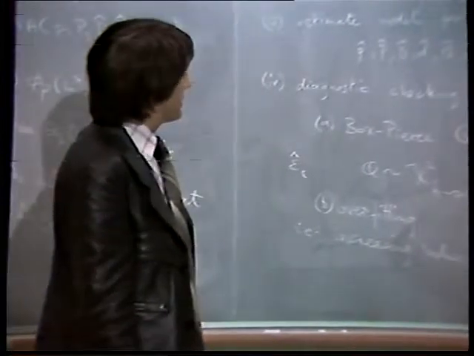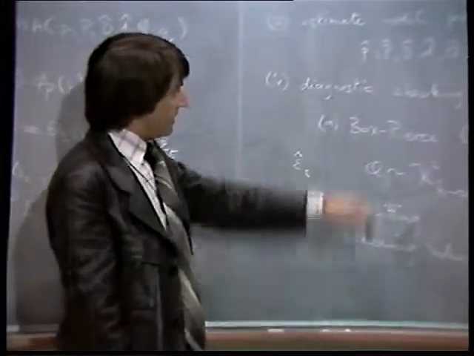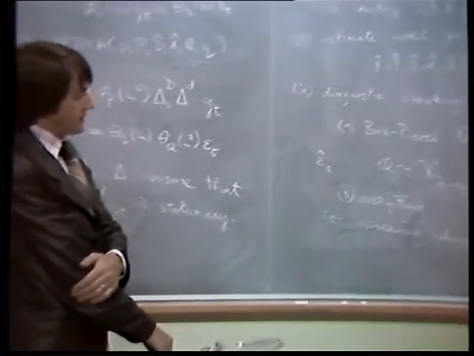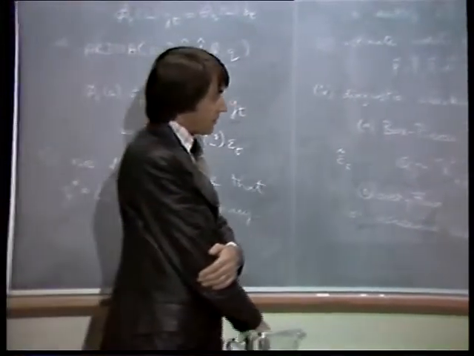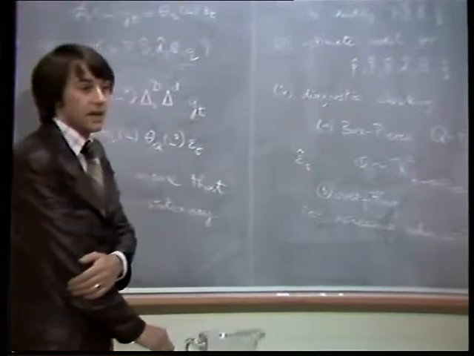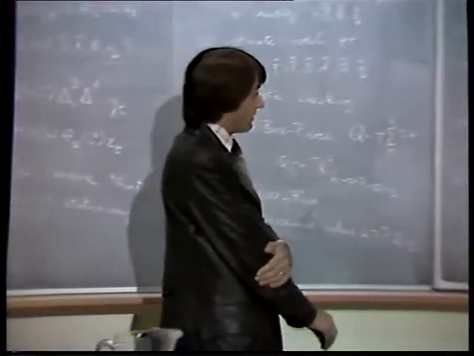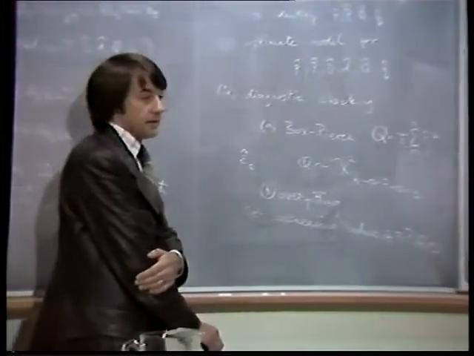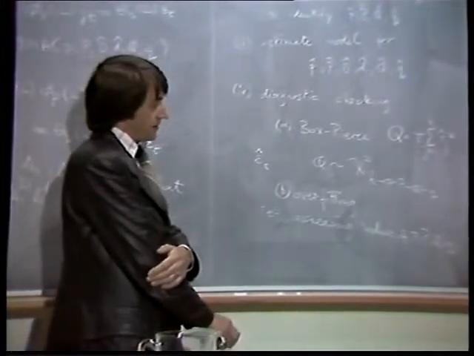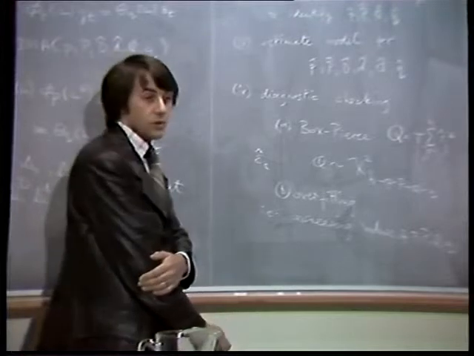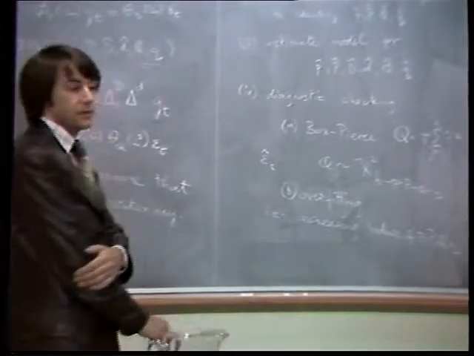And they looked at this same problem, the power and the size of the Q statistic, and with a combination of analysis and simulation, came to the conclusion that in fact the probability of type 1 error, empirically determined, is about a quarter of the nominal probability of type 1 error.